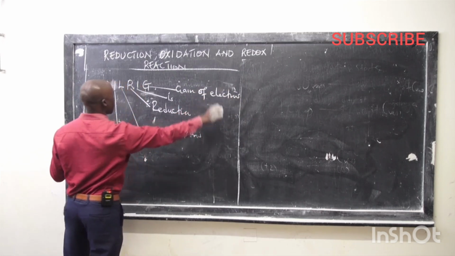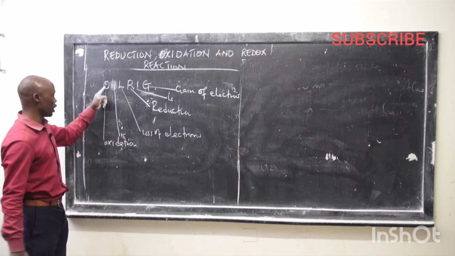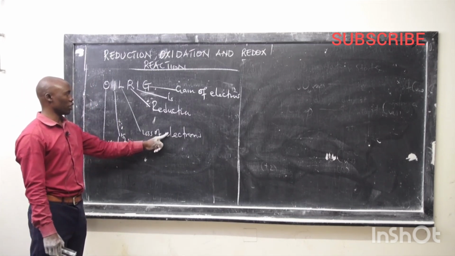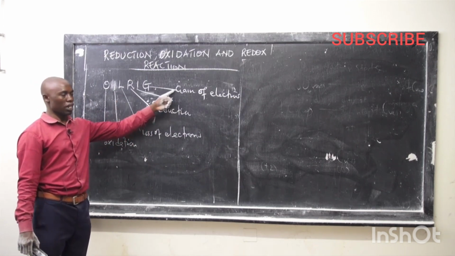So you can remember in terms of electrons that oxidation is loss of electrons, while reduction is gain of electrons.